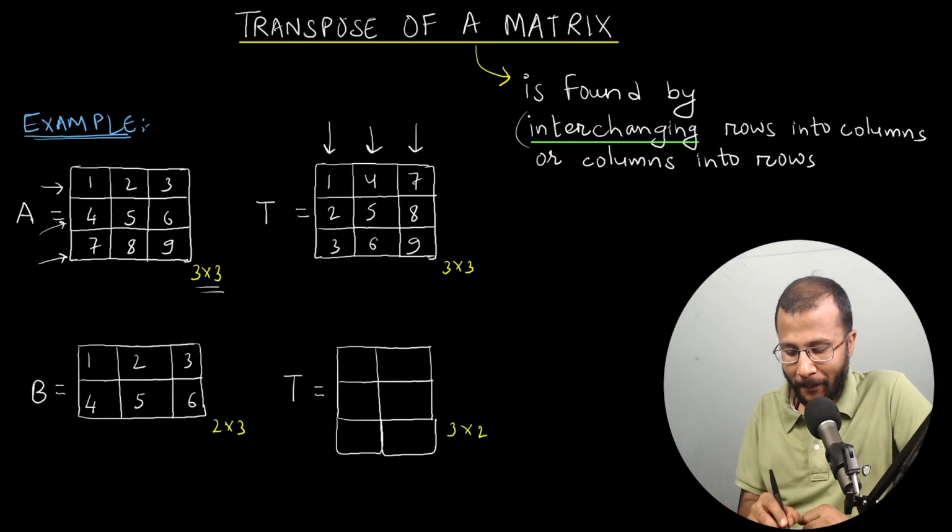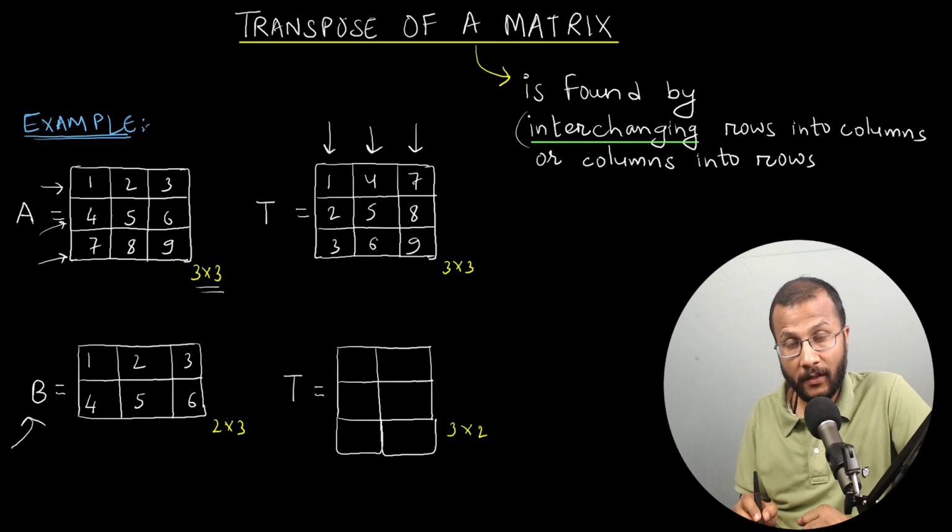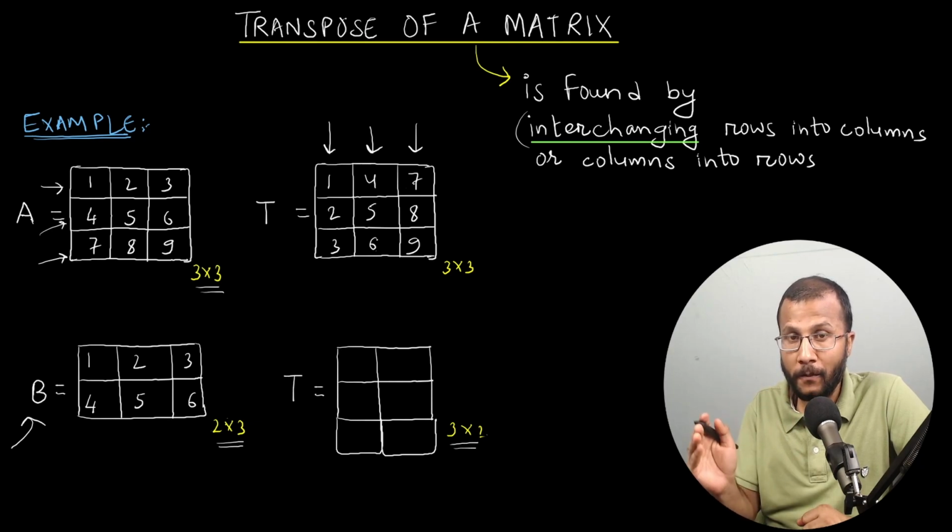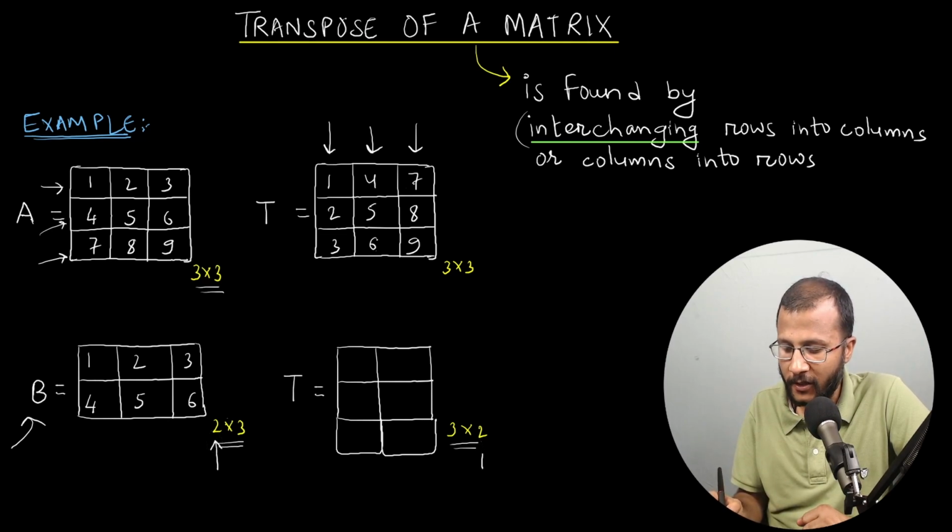In the second example, we are given the matrix B, which is a rectangular matrix of dimension 2 cross 3. So if 2 cross 3 is the dimension of the original matrix, the transpose matrix would be of dimension 3 cross 2 because rows and columns are interchanged. So the row size of the original matrix would be the column size of the transpose matrix.